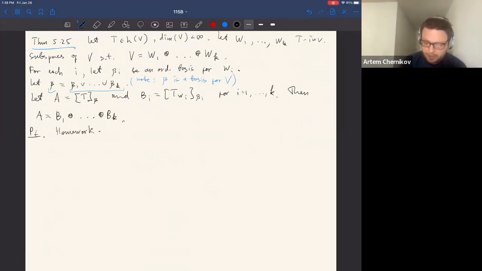All right. So we have this nice connection between block matrices and the space being a direct sum of invariant subspaces. Any questions about this result? Okay.